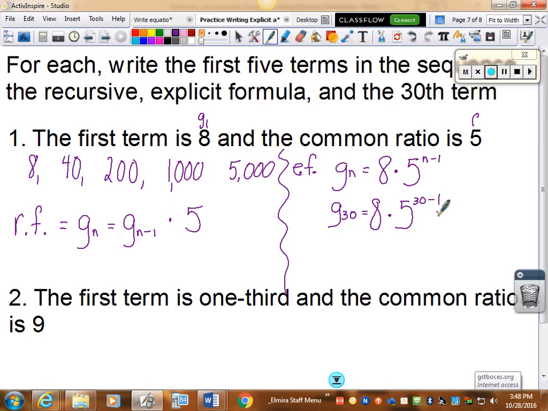Okay, but you get the gist of what you're supposed to be doing. So G sub 30 would equal a huge number. No, they're not going to ask you one that large on your Regents.